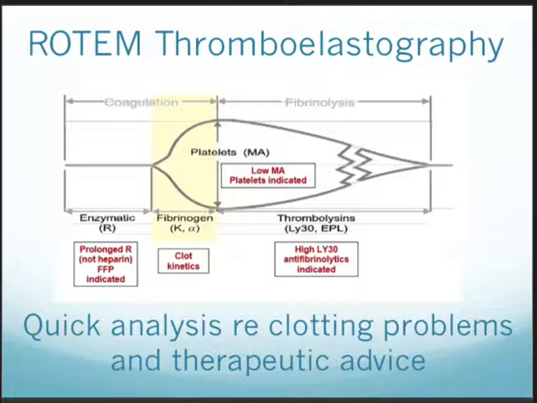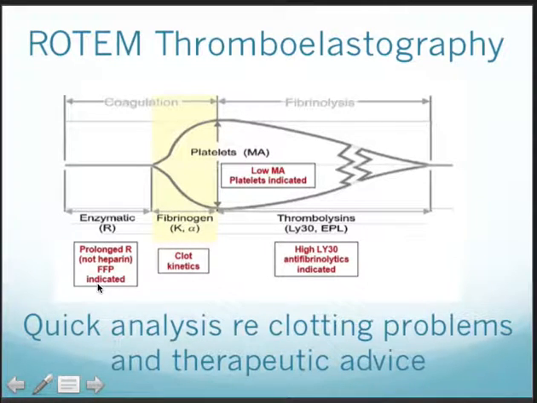Another method we have nowadays available is the so-called ROTEM thromboelastography. We can take a sample of blood, and this machine is very clever. It produces a graph, as you can see here. It looks like a bullet or a drop, and immediately it tells you not only on the left hand side, it tells us about the situation, the coagulation properties of blood. On the right hand side it gives us how the fibrinolysis is going, and immediately it tells us as well what we should do.